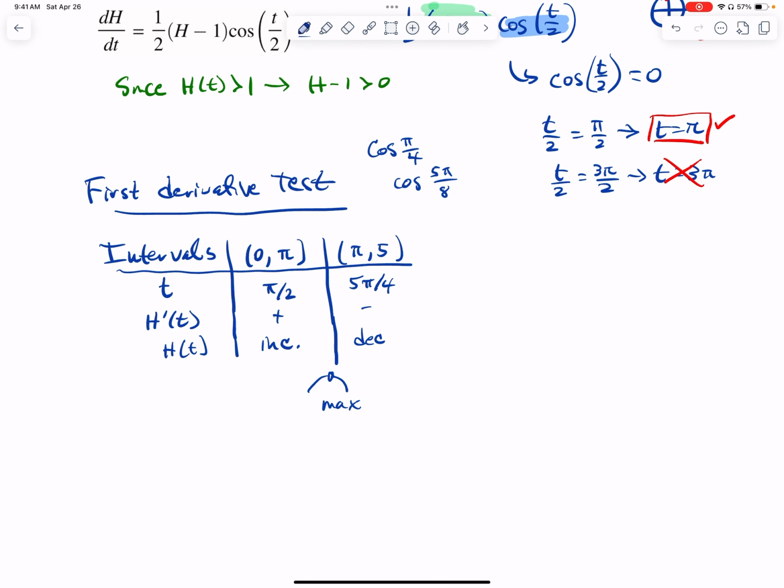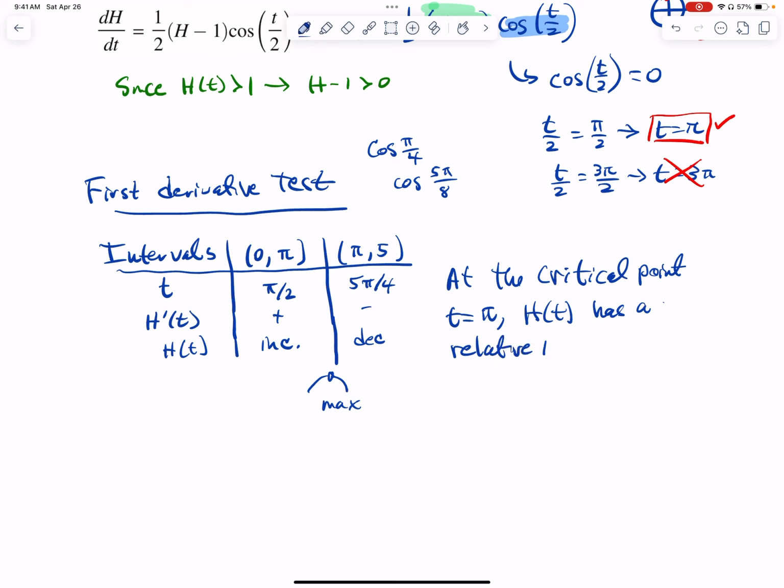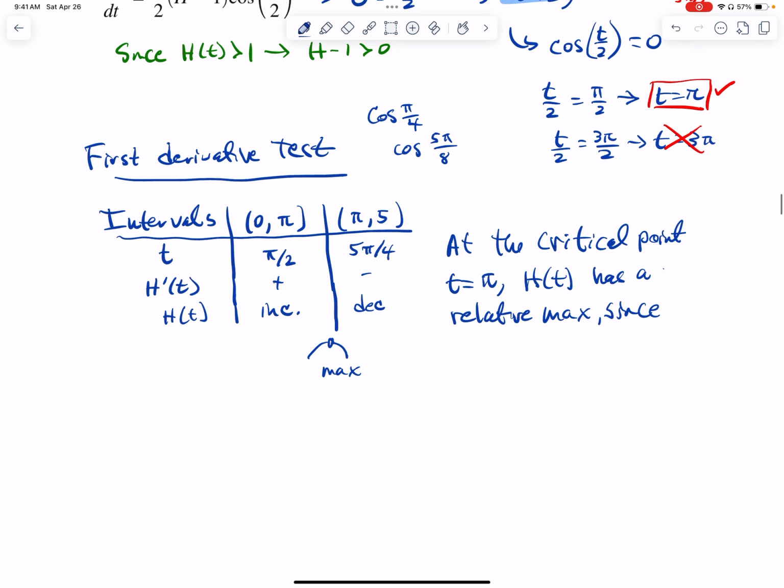I will say at the critical point, t is equal to pi, h of t has a relative maximum since, got to give a because, the table is not enough. Got to interpret the table.